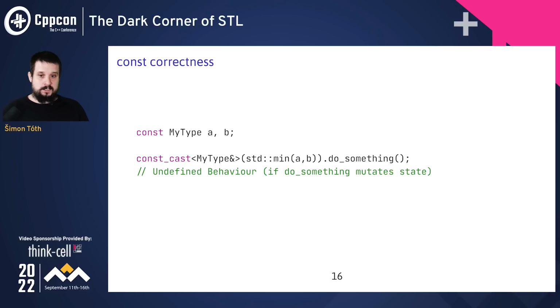To be clear, the issue is not with const_cast. const_cast is perfectly fine to cast away const as much as it desires. The problem comes in if we try to mutate the state of a variable that was originally declared as const. So as long as do something doesn't actually mutate state, we are fine, but the moment it does, we have a big issue because we have undefined behavior.